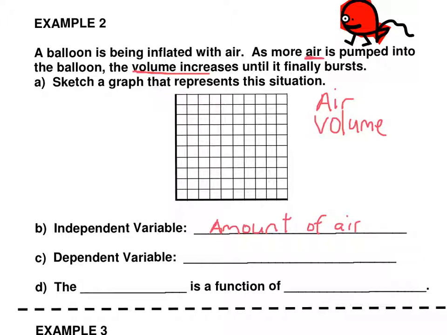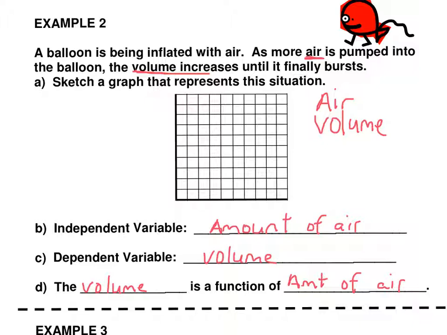The dependent is the volume. The volume depends on how much air you put in the balloon. So the volume is a function of the amount of air. So write all of that down.